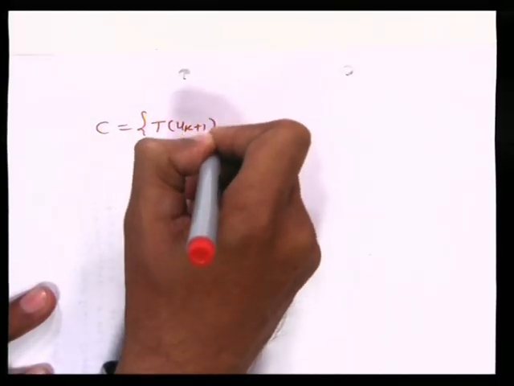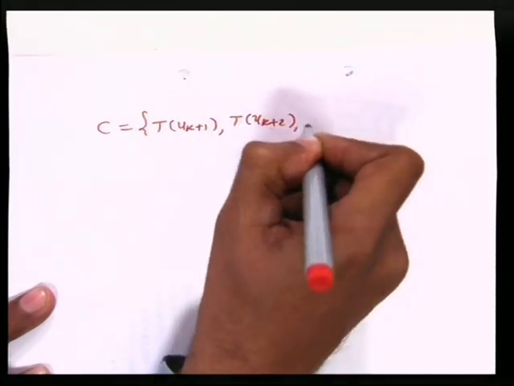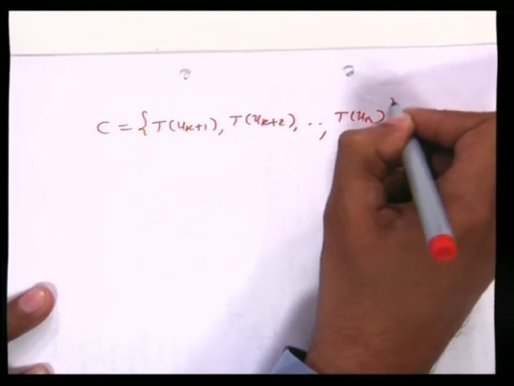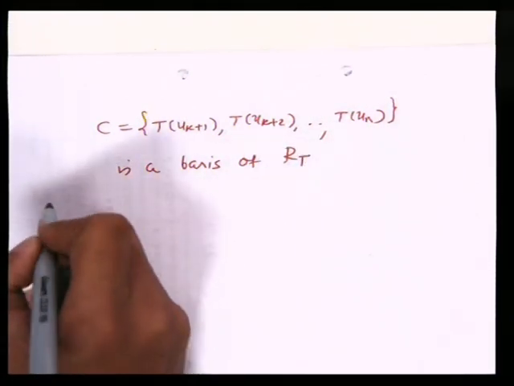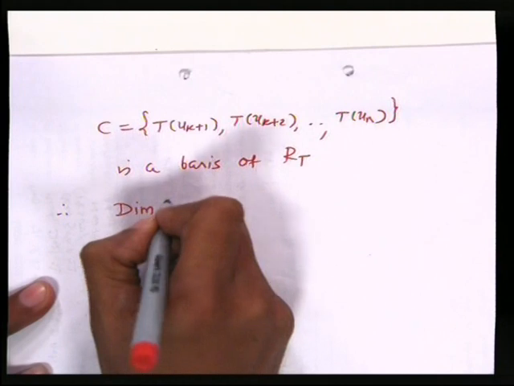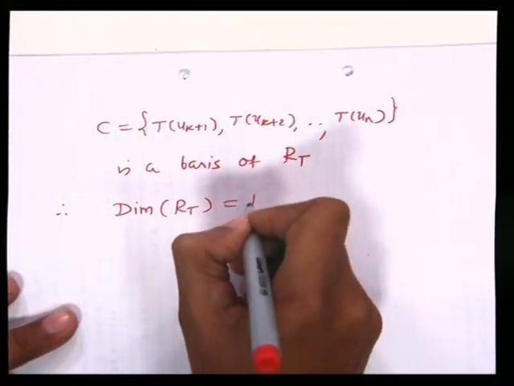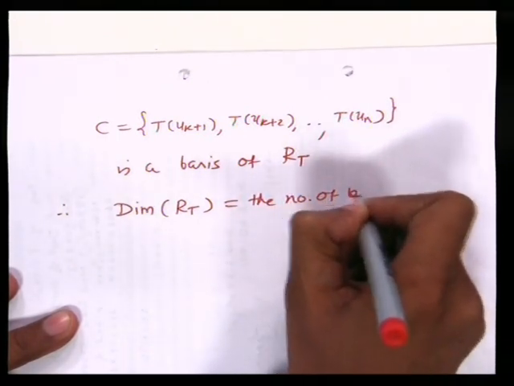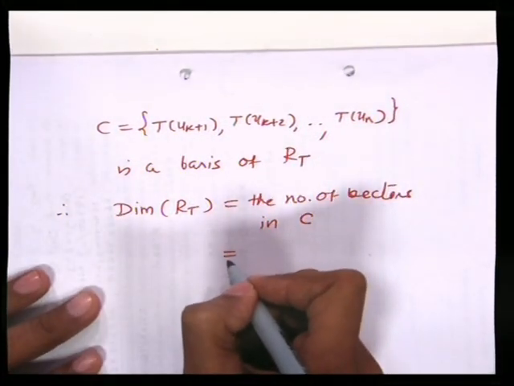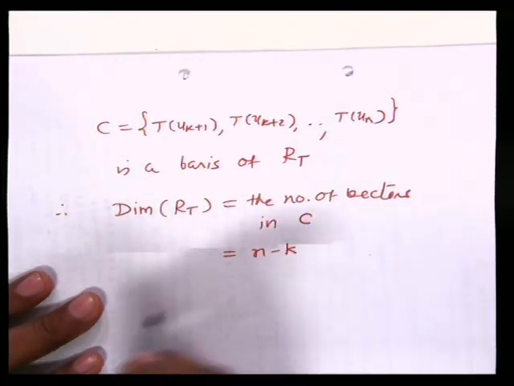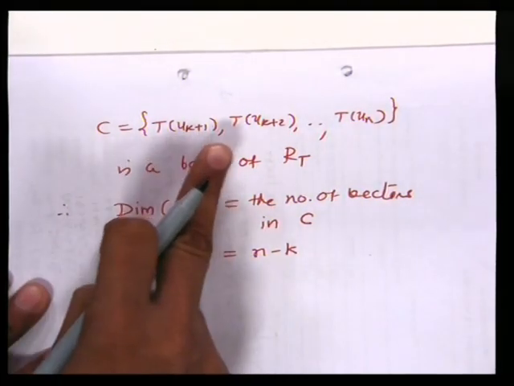Therefore, we can say that the set C, equal to T of uk plus 1, T of uk plus 2 up to T of un, is a basis of the range space T. Therefore, dimension of RT is equal to the number of vectors in the set C. Obviously we have n minus k vectors in set C, because it starts from uk plus 1, uk plus 2 up to un.